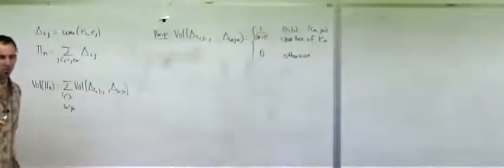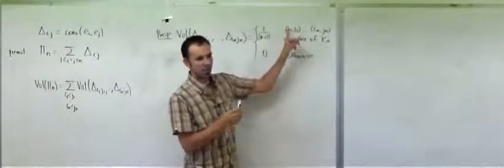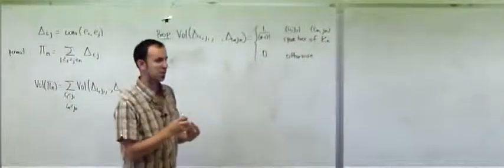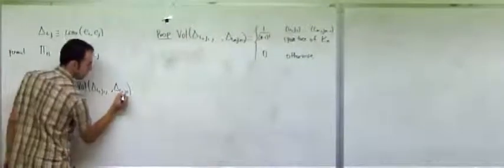Does anybody see a mistake in what I wrote so far? For one thing, you can't have a spanning tree of Kn that has n edges, because you know that spanning trees have n minus 1 edges. Okay? So that tells me that this statement must be wrong, and I should go all the way to n minus 1 only, which probably means that I should do this up until n minus 1, and this I should do up to n minus 1.